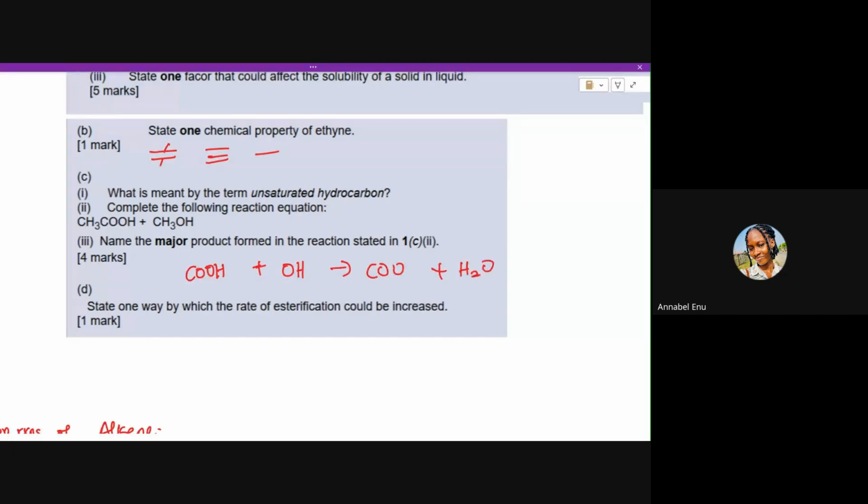Okay, we can see this is balanced. So that is the same thing we are going to be doing here. Our product will give us ester and water. So we just have to know what ester we are forming and what is the water we are also forming.